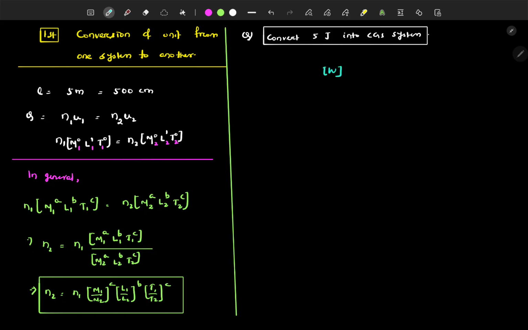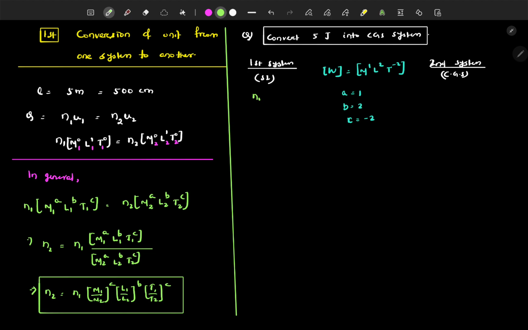So find the dimension. Work dimension is M1 L2 T minus 2. So simply write A equals 1, B equals 2, C equals minus 2. Then in the left side you write the first system, and in the right side you simply write the second system. In the given question, the first system is SI and the second system it is asking is CGS.